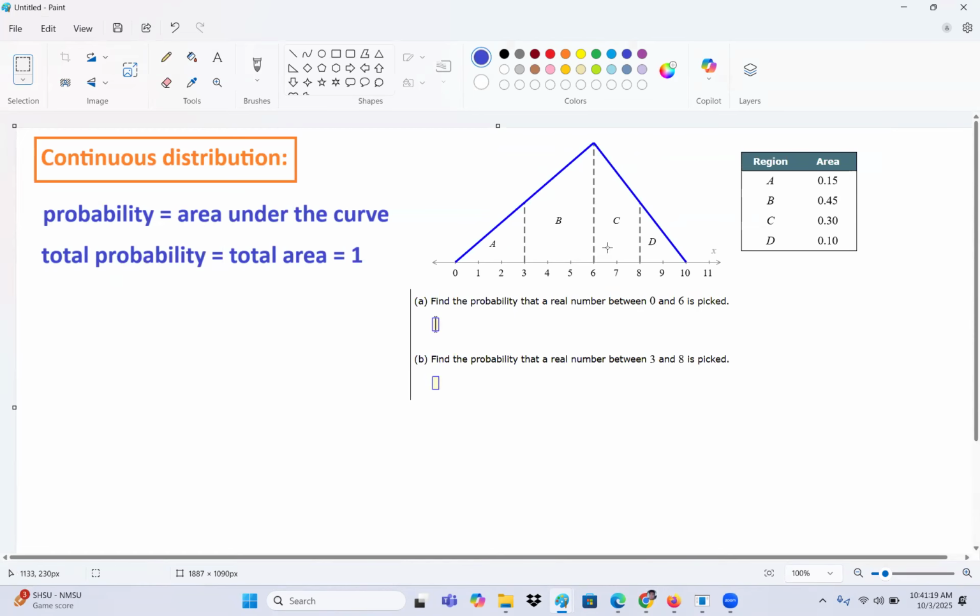So if we want to find the area between 0 and 6, we need to compute this area from 0 to 6, which is a rectangle. I'm sorry, the triangles of A and B, right? So it's just the total of the triangles from 0 to 6.